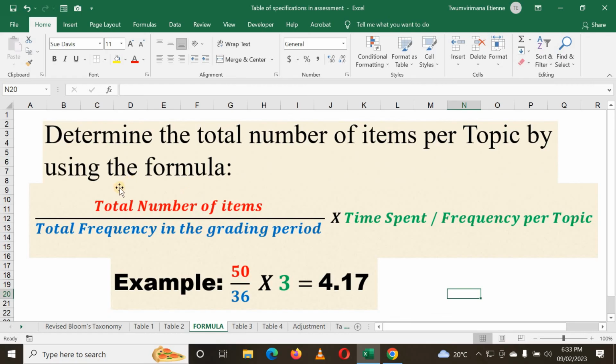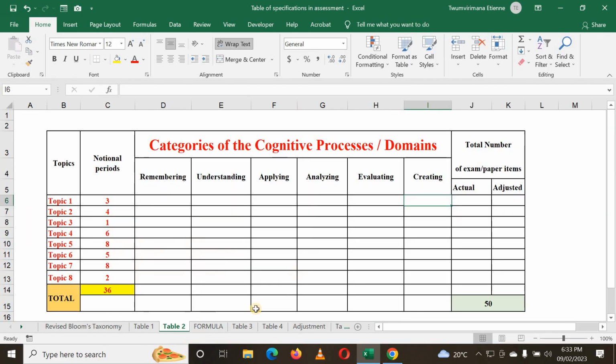This is the formula that we are going to use. We take the total number of items. Here we have how many items. You can see we have 50 items or 50 questions that we want to put in our assessment. This is the number of items.